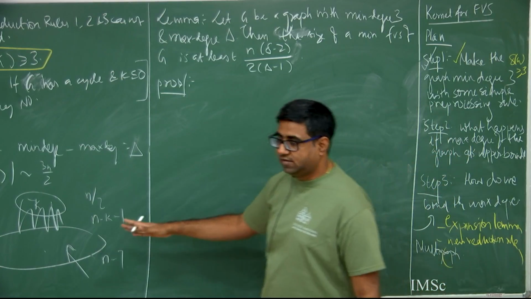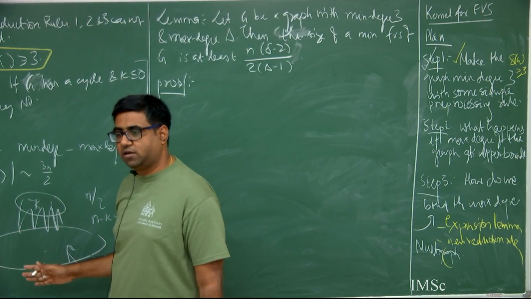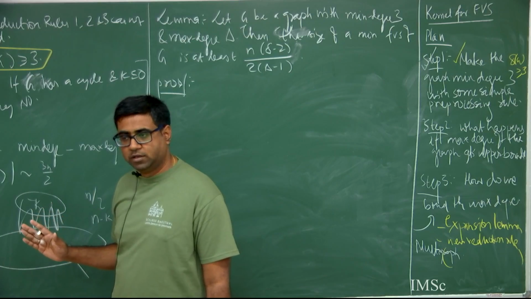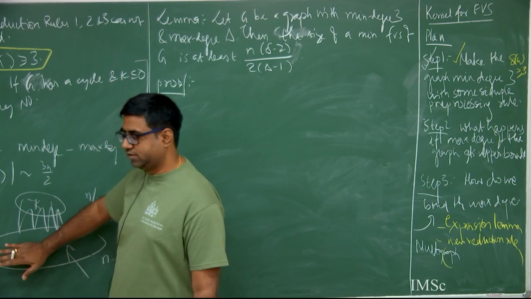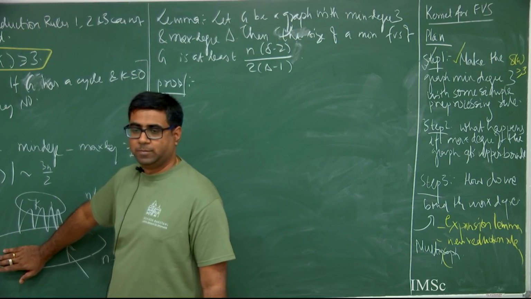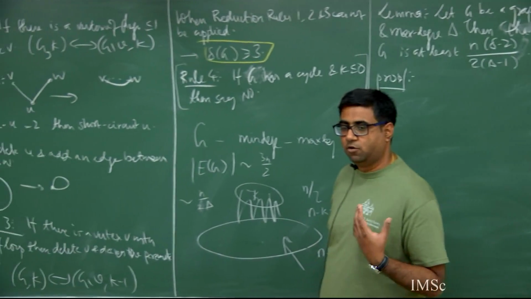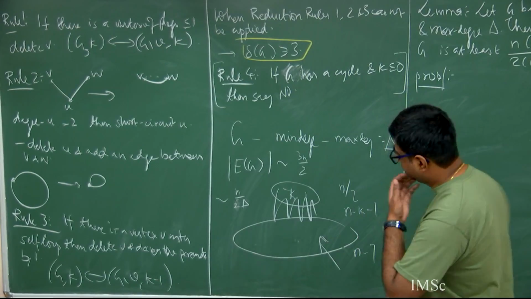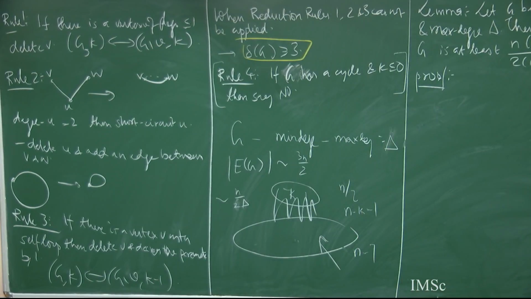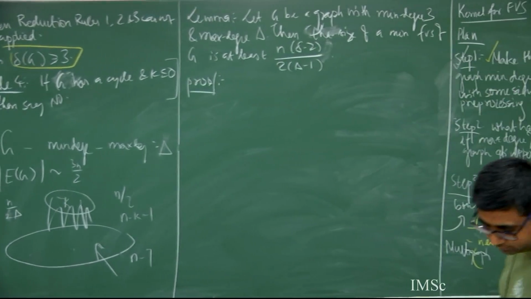Why? It tells us that feedback vertex set is nothing but a vertex cover problem, a vertex cover problem which leaves a very sparse object. And this insight can be exploited algorithmically on several occasions. Okay, fine. So let's try to prove this.